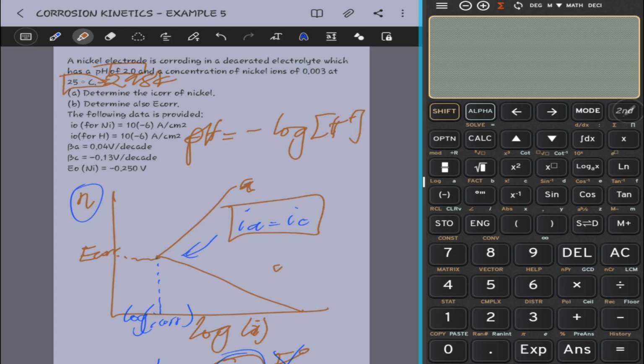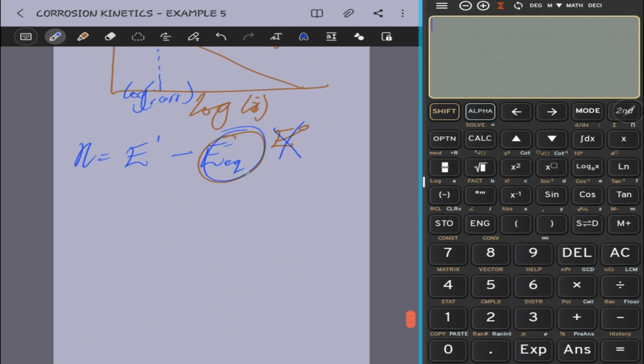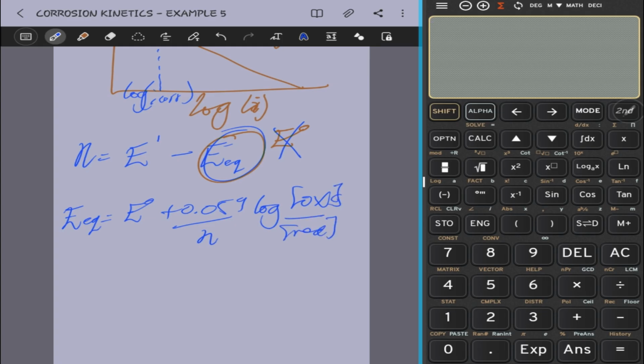So you see that the concentration of H plus is not 1, and therefore not under standard conditions. So to find this equilibrium potential, we use this equation, where E equals the standard potential plus 0.059 over the number of electrons, times log of the oxidized form over the reduced form.